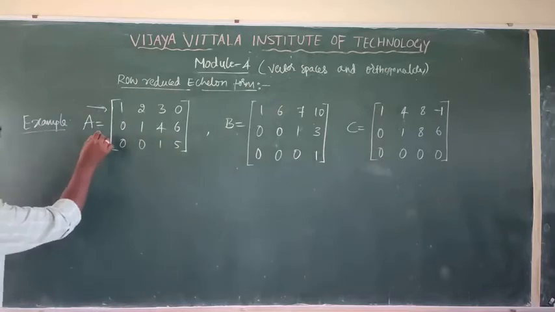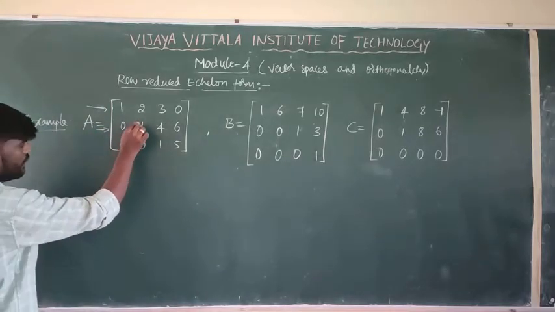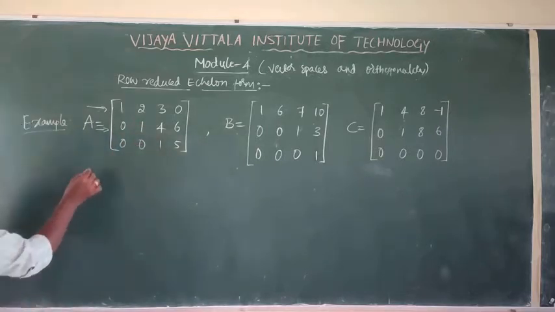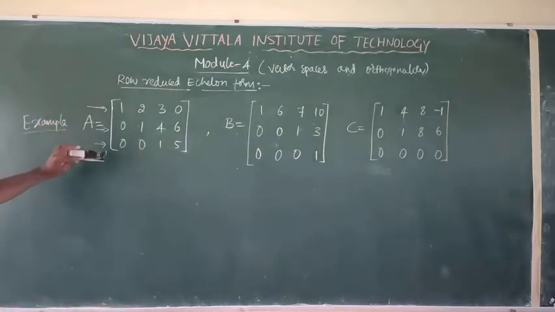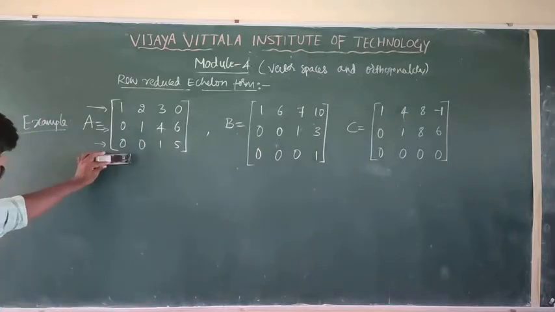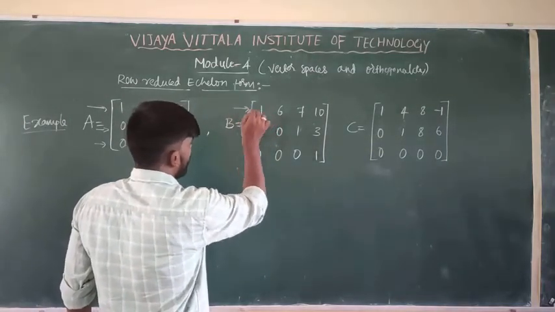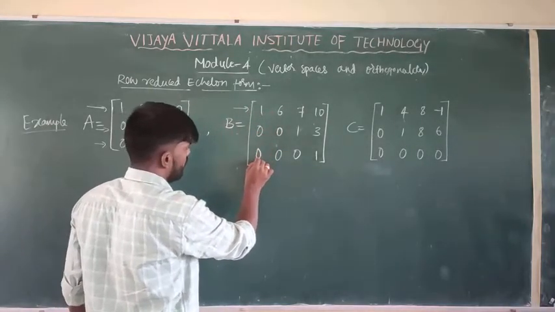In the second row, the leading entry is 1. Below that leading entry we make that element 0. In the third row, the leading entry is 1. This is one row reduced echelon form matrix, already reduced, and in the same way the leading entry is non-zero, and below that we make all the elements zeros.